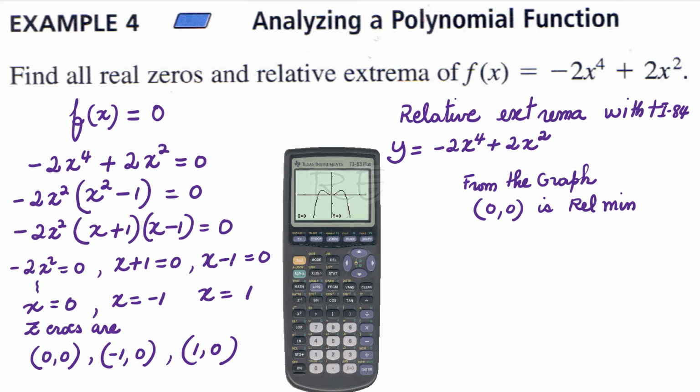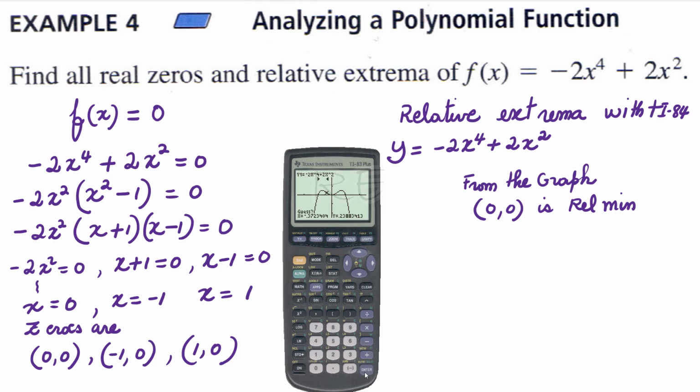To get the first maximum, we go to second function, calc, and we click on 4 for maximum. We move the cursor to the left past the maximum point. This is the guess for the left bound. Then we move the cursor again to the right past the maximum point.